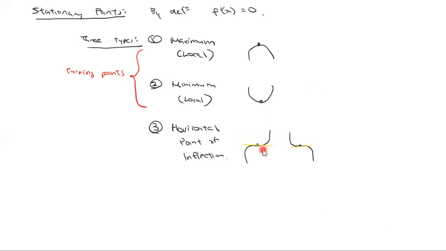And all of them are stationary points, and as you can see from the graph, they all have horizontal tangents, and that means their first derivatives are all 0. Now, last week we said we need to tell how to differentiate between them, and we went through one particular method.